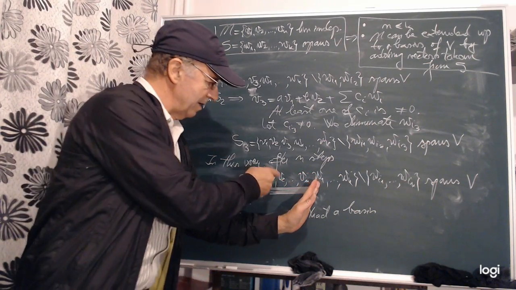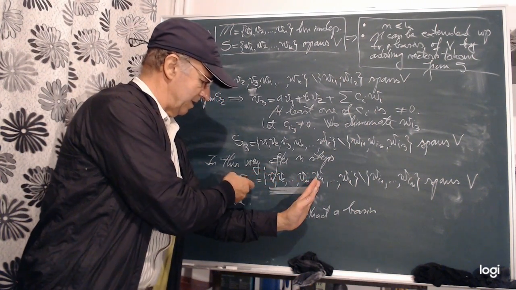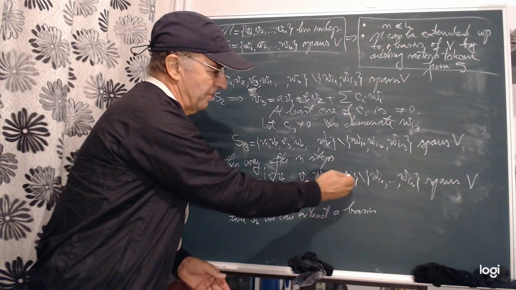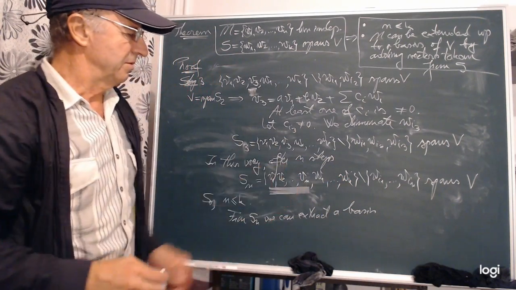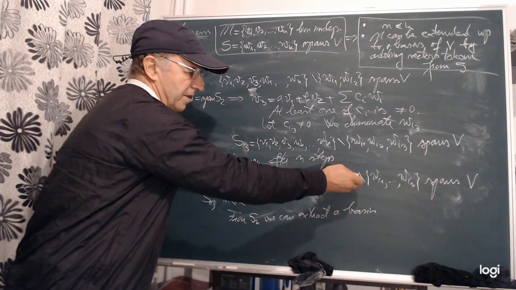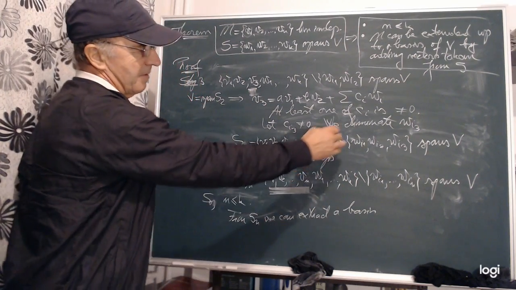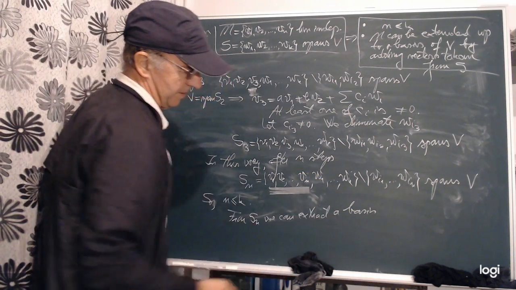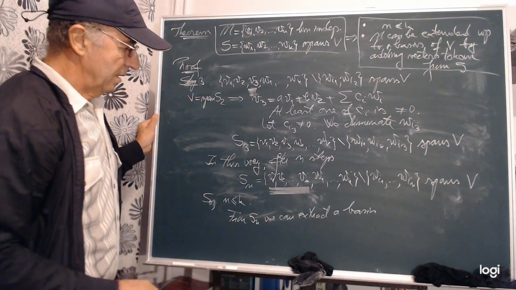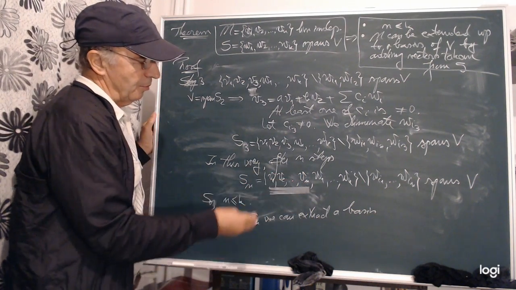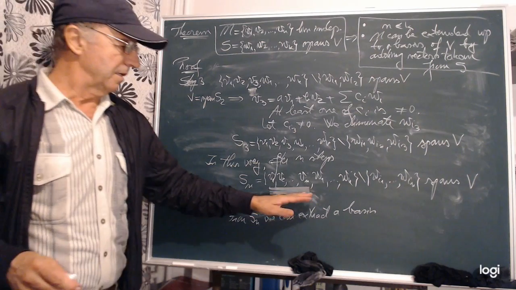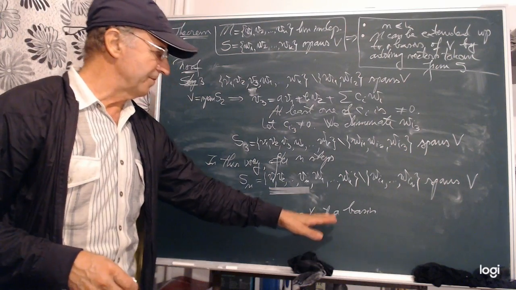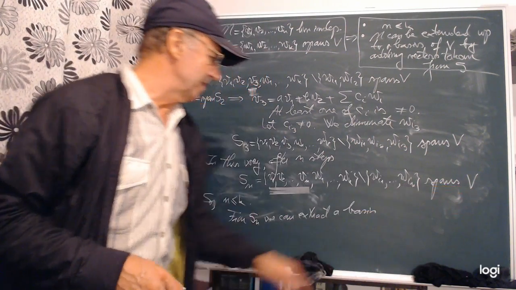In this way, these vectors remain in our set, but we have to eliminate some of the vectors W. We have already presented in another video clip how to extract a basis from a spanning system.